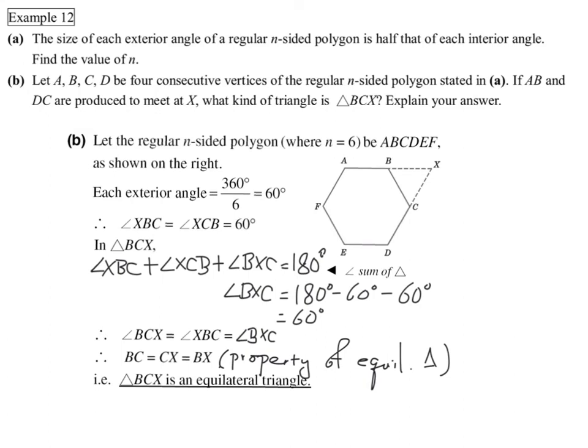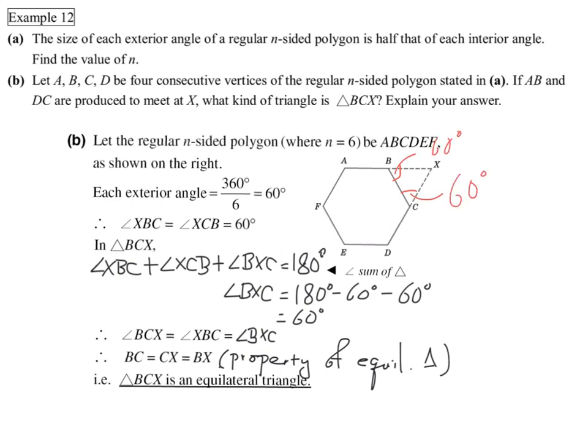After you know that it is a regular hexagon, you can find out each exterior angle by using 360 degrees divided by 6, which is equal to 60 degrees. So over here, all the exterior angles of the polygon, this one and this one, both are equal to 60 degrees.